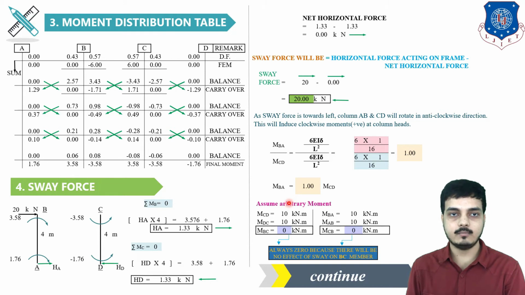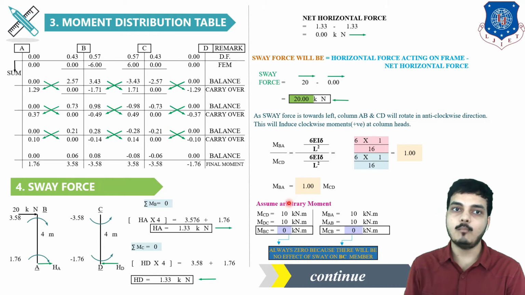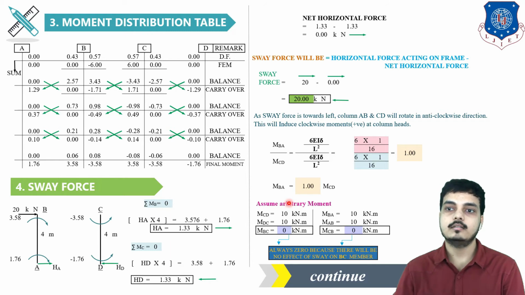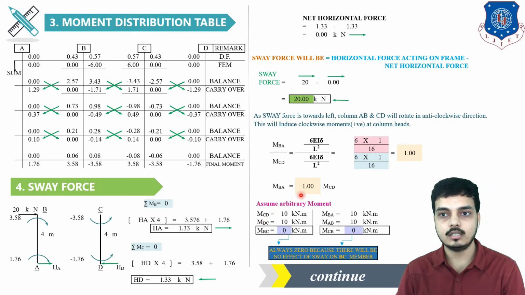Now we have to assume an arbitrary moment. Every time we have to assume a moment of the column head, means we have to assume any one moment and the other value will come with the help of the ratio. Let's see what I have assumed. Here I have assumed for the column CD. For MCD I have assumed 10 kN into meter.